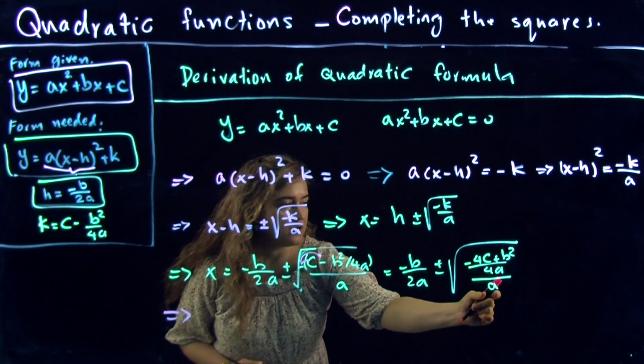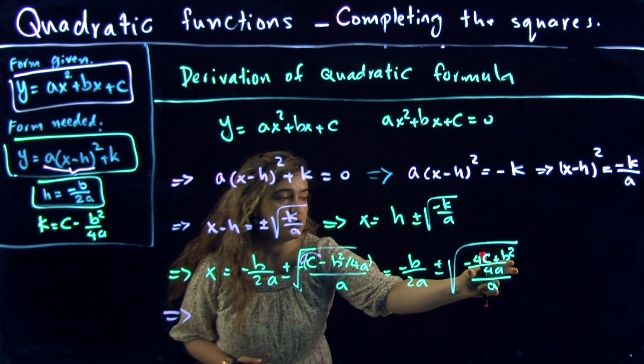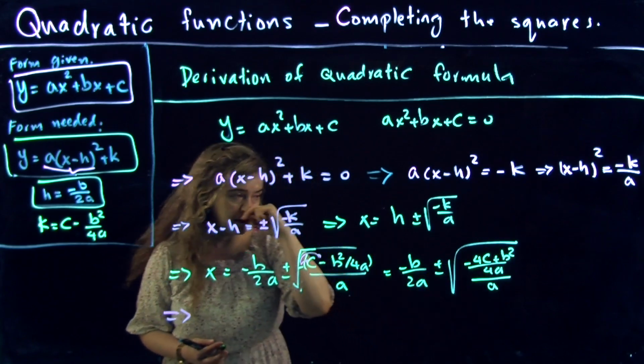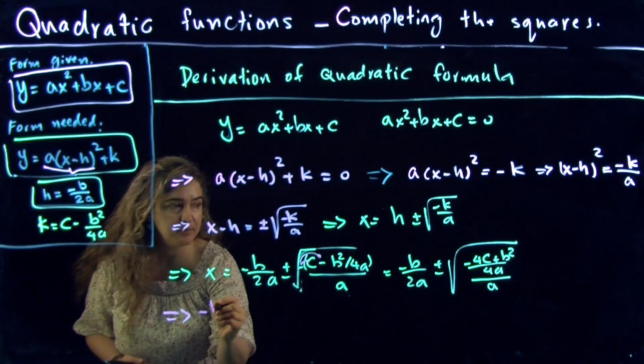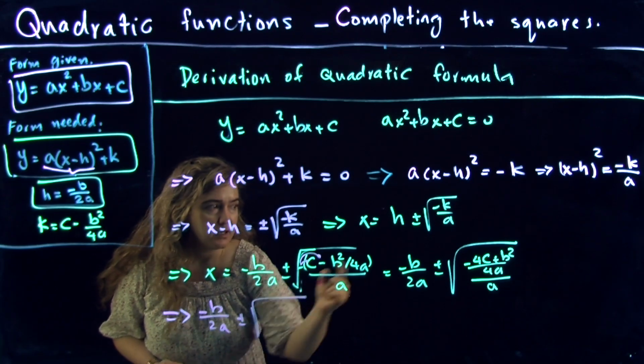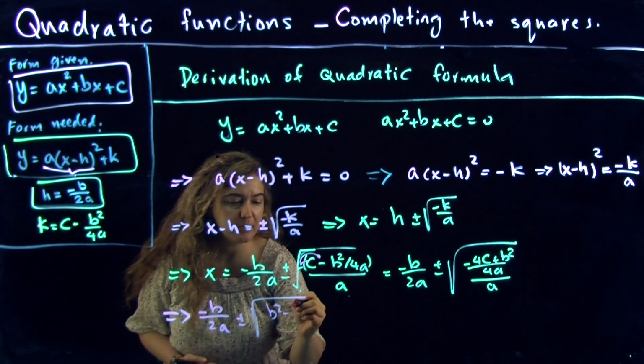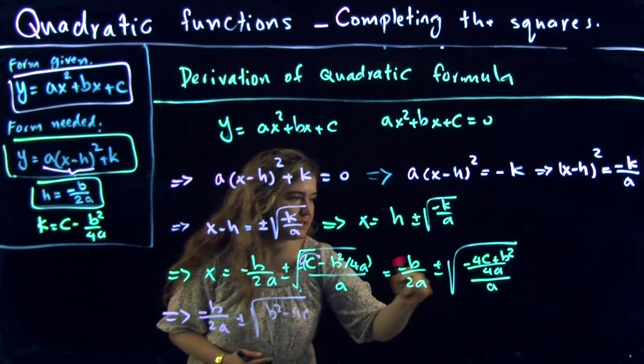It's this fraction over a, therefore I'm going to do the numerator times 1 over the denominator, and I get negative b over 2a plus or minus, switching these two, b squared minus 4ac.